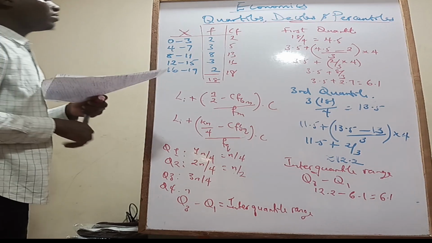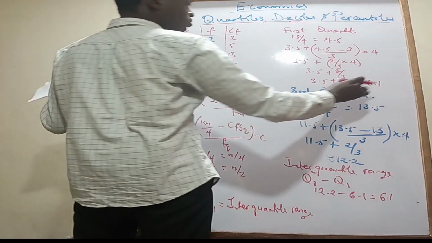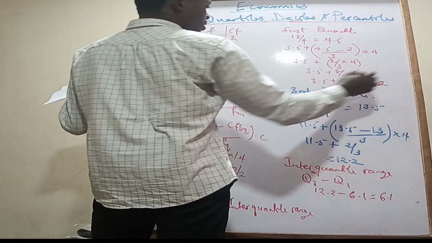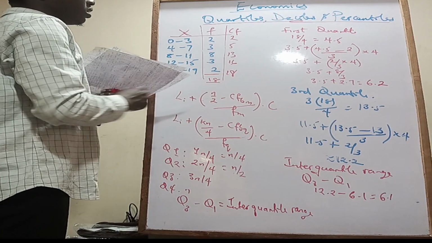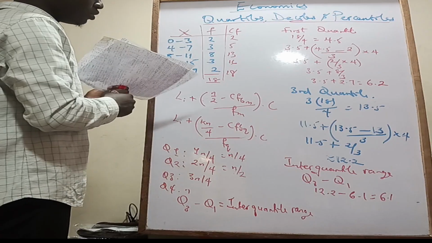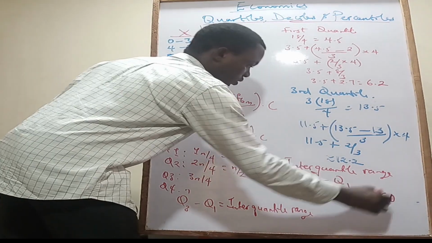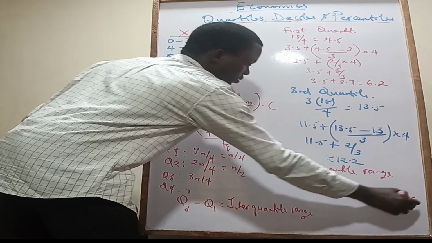How can this even be 6.1? This should be 6.2, because 5 plus 7 is 12, 3 plus 2 is 5, then 6.2. So we have 12.2 minus 6.2, which equals 6.